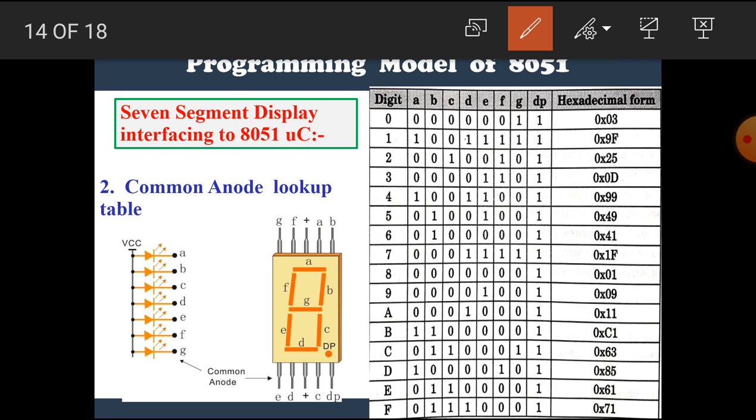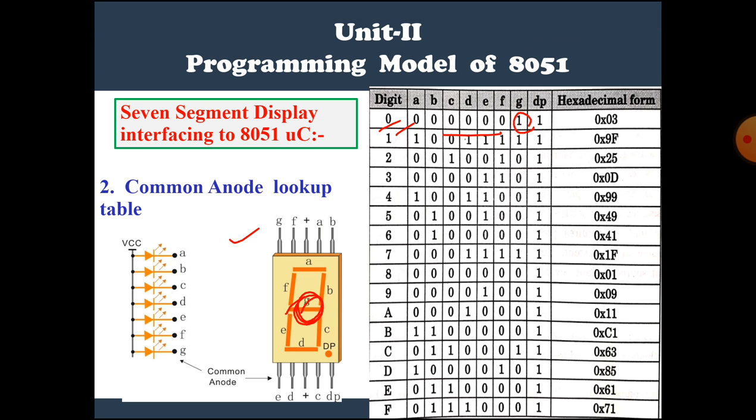Similarly, for the common anode lookup table, if we want to display 0, we want this segment G to be off. To turn off G, we have to provide it 1, while the other segments are 0. I hope you all understand the lookup table.